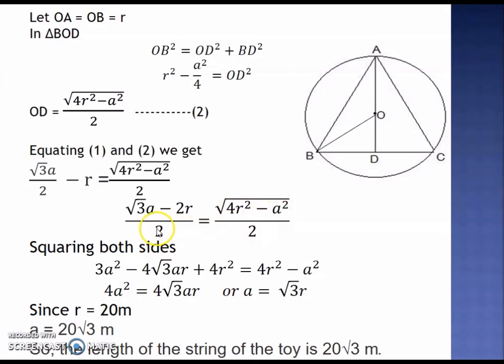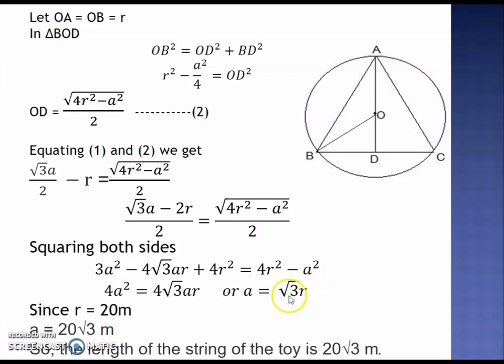The denominators 2 and 2 cancel and I can square both sides. I get 3a square minus 4 root 3 aR plus 4R square is equal to 4R square minus a square. The 4R square terms on both sides cancel out. Then I can combine the like terms, so I get a as root 3 R.